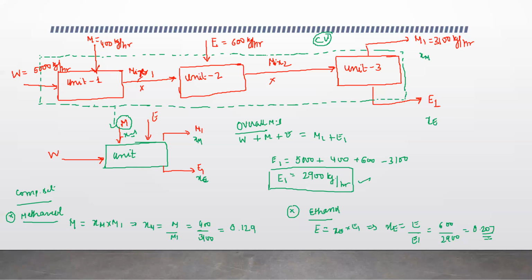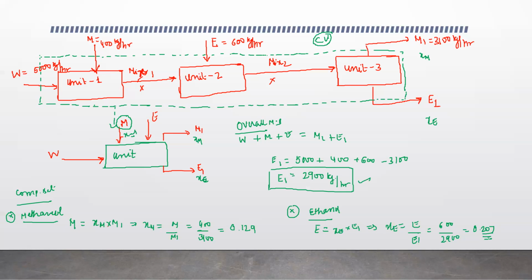And finally, I made my new block diagram. Based on that new block diagram, I made my overall material balance and component balance equations. Because of the simplicity of the problem, I have been able to solve these equations using simply this green block diagram.